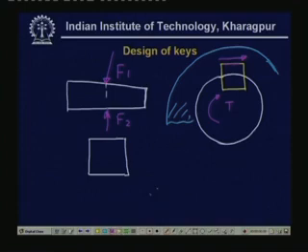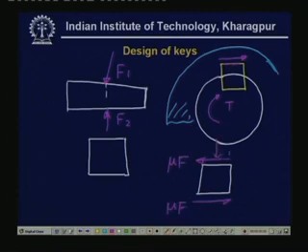If you draw the free body diagram of the key, then there will be friction force here and friction force in that direction. That depends on the normal pressures. So this is mu times F and mu times F. So normal pressures will exist.